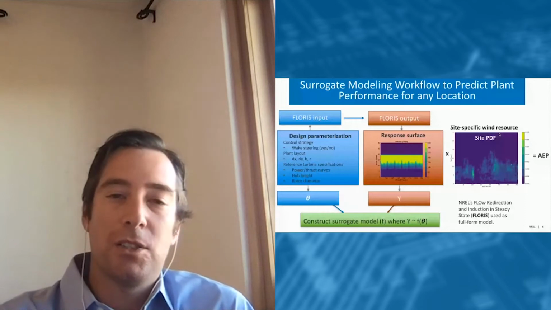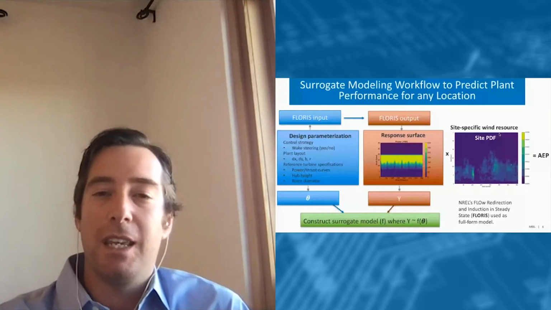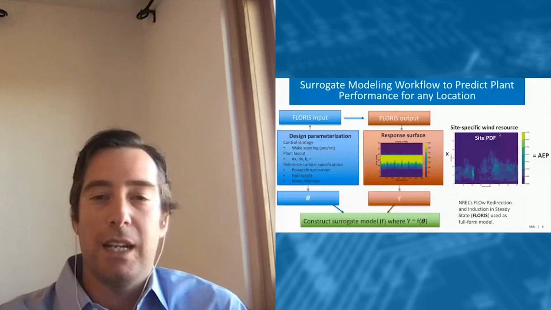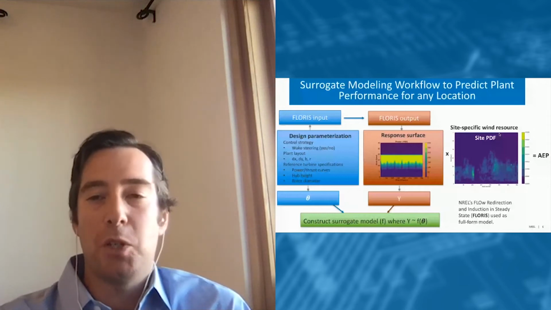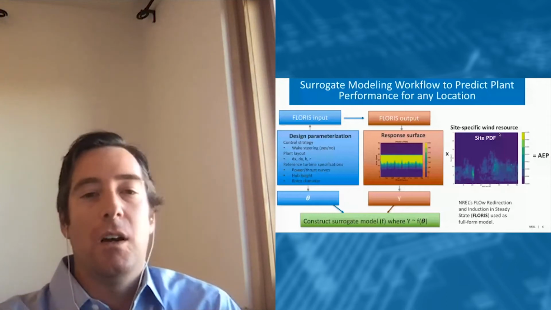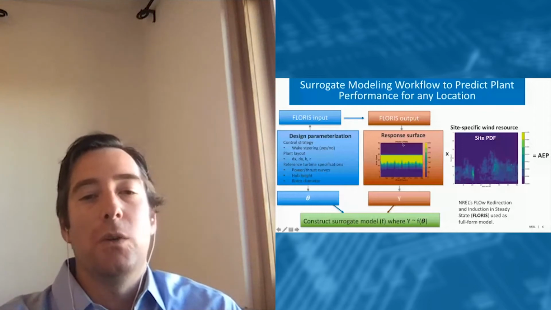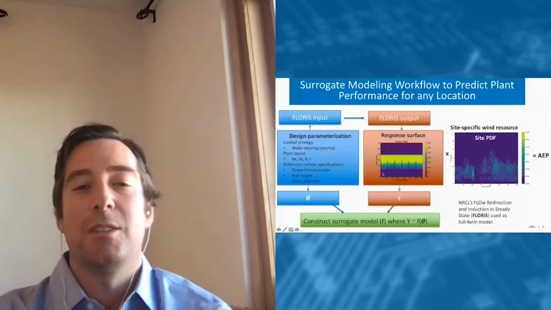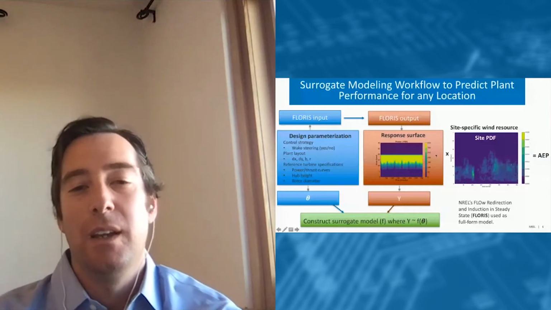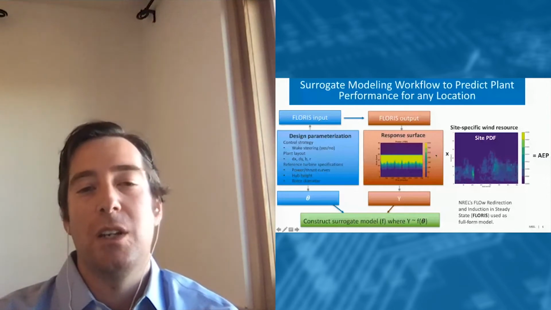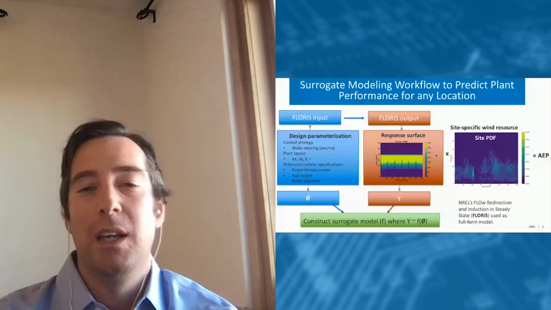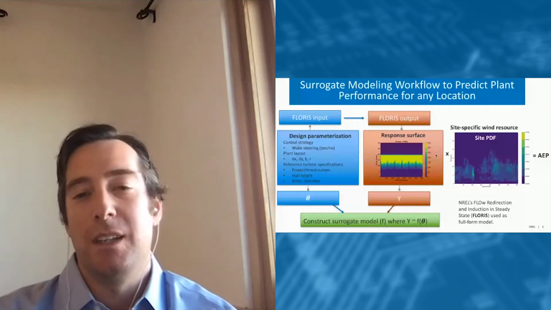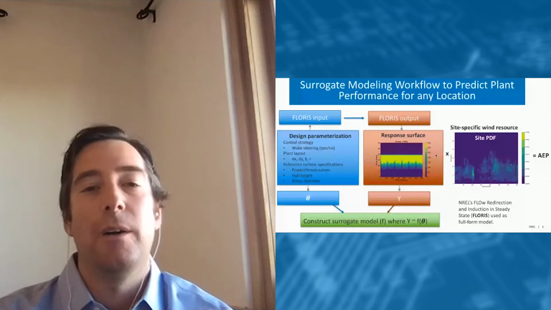So the response surface tells us for any given wind plant layout and technology configuration, how much power would be expected for this range of inflow conditions. So you can think of each pixel within this surface as a particular inflow condition that represents a wind direction and a wind speed. Output that's predicted is, again, specific to a particular layout.